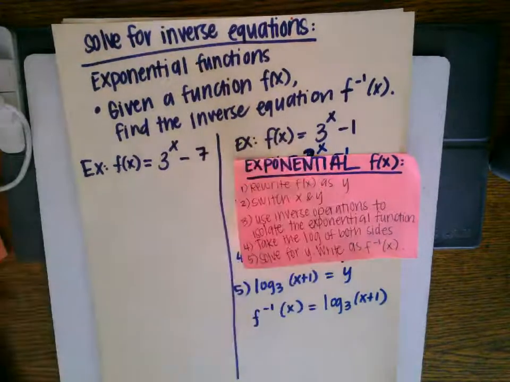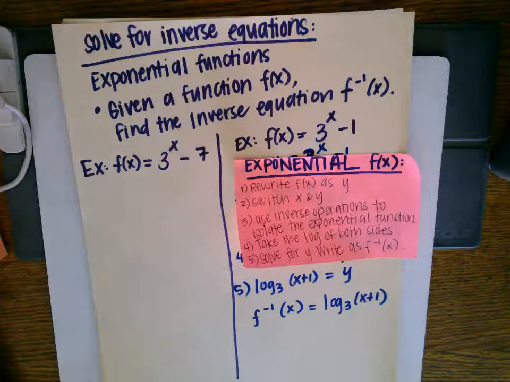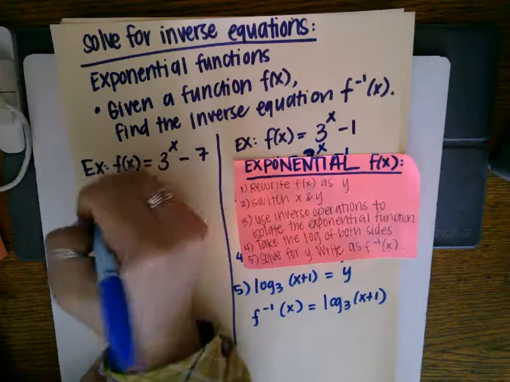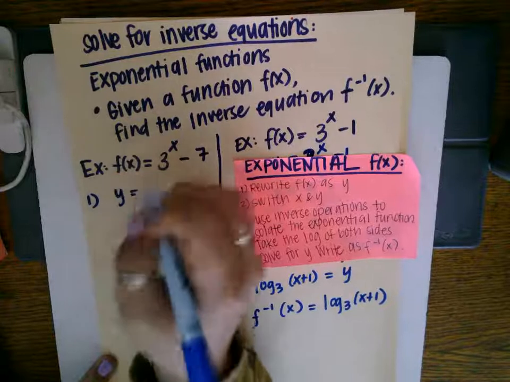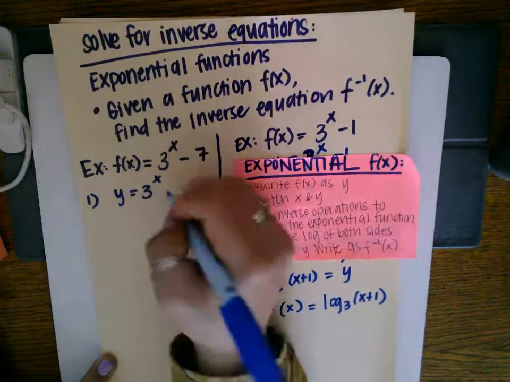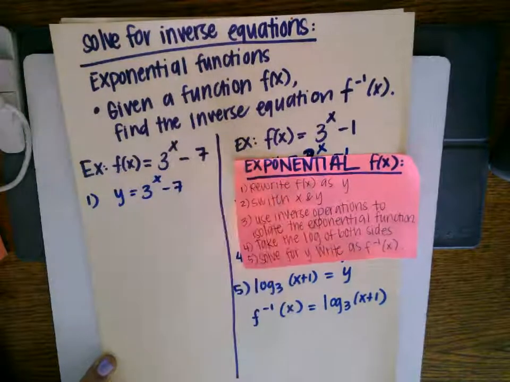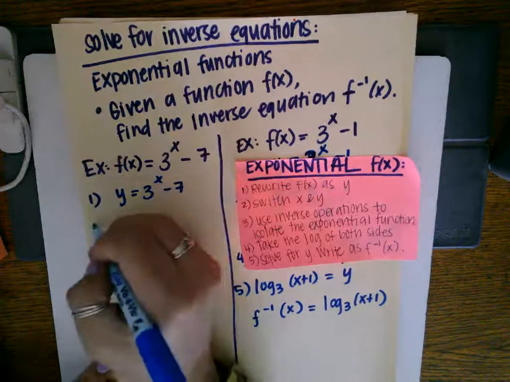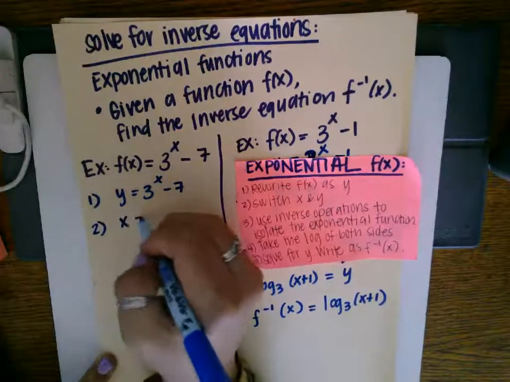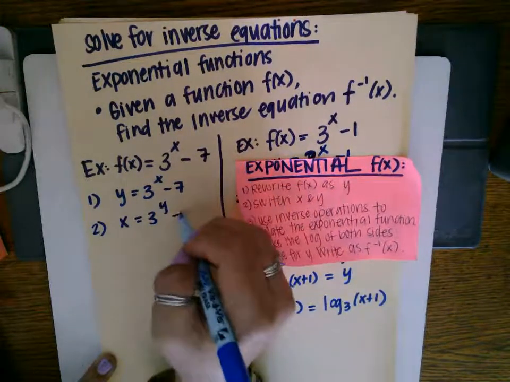Almost exactly the same. Remember, step 1 says to rewrite f of x as y. So y equals 3 to the x minus 7. Step 2 says to switch x and y. So x equals 3 to the y minus 7.